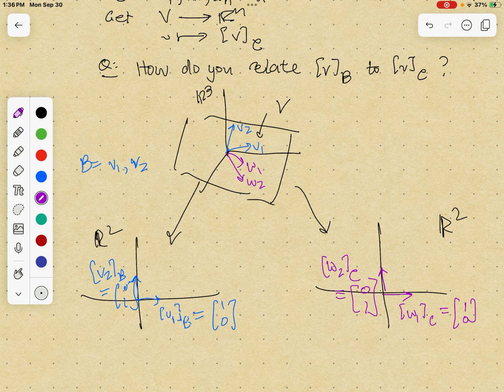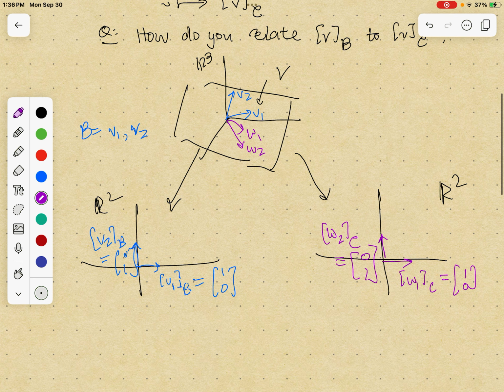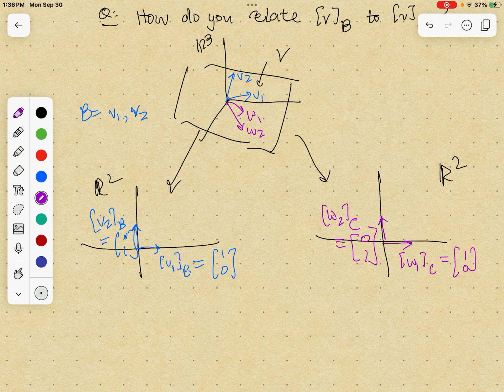Because remember, the way you define the coordinate vector is you say how many of each basis vector you need. So for V1, the reason why the coordinate vector is 1, 0 is because V1 is 1 V1 plus 0 V2. And similarly, W1 is 1 W1 plus 0 W2. W2 is 0 W1 plus 1 W2. So that's why the coordinates are the way they are.